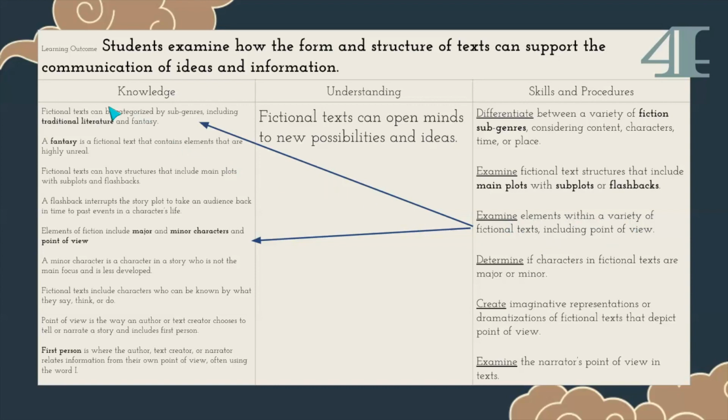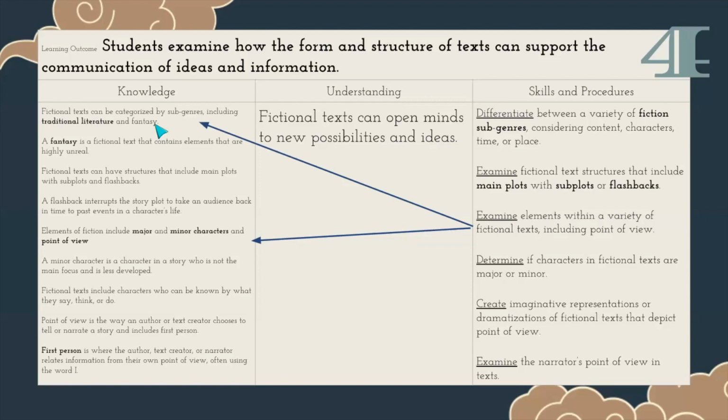And so again, it might sound like you have a long list, but they actually tell us what those fictional texts are. So we're looking at traditional literature and fantasy. Just a little side note here, traditional literature is mentioned in every grade.